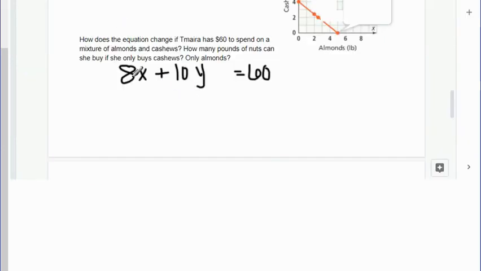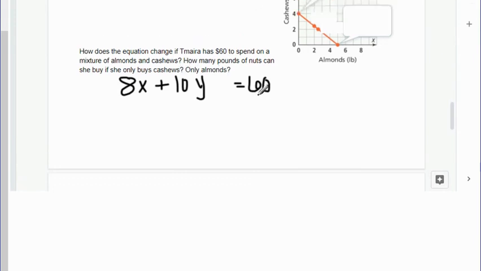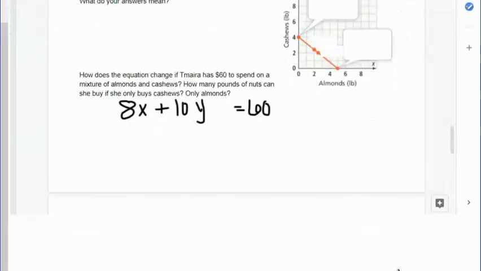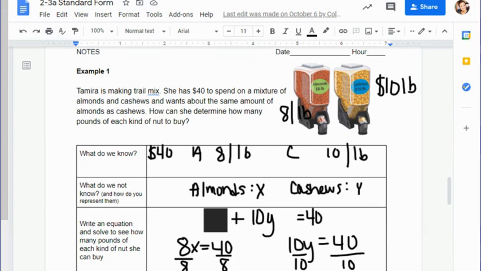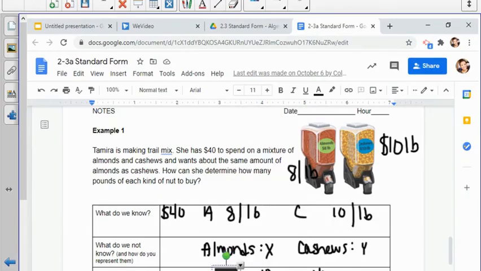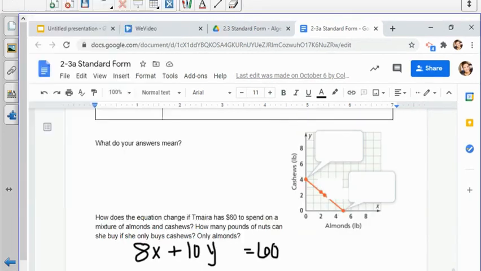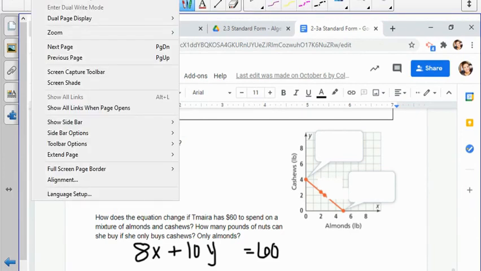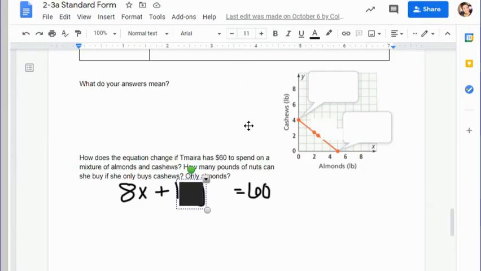I would cover up my X or my Y, whichever you want. So if I want to cover up my X or my Y and solve for it, you can.